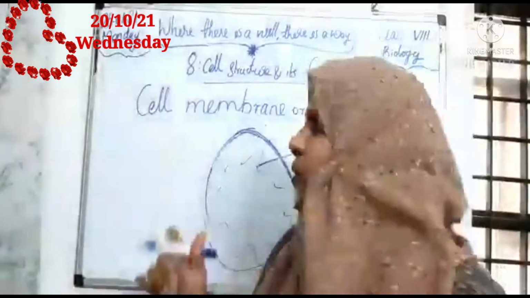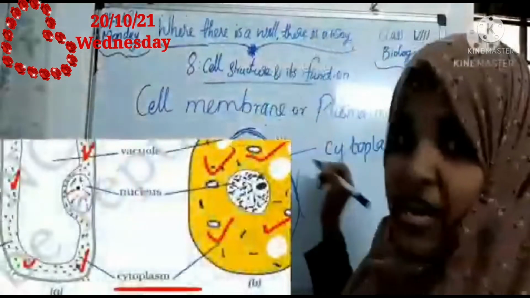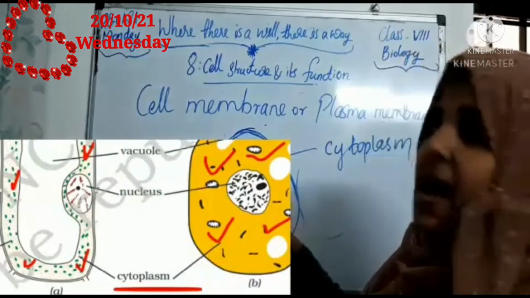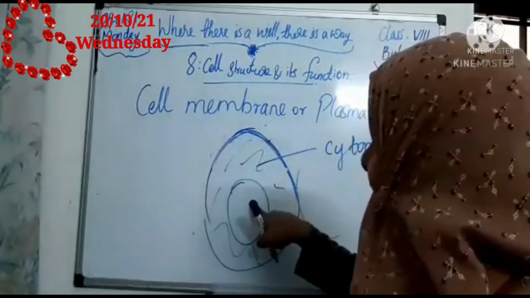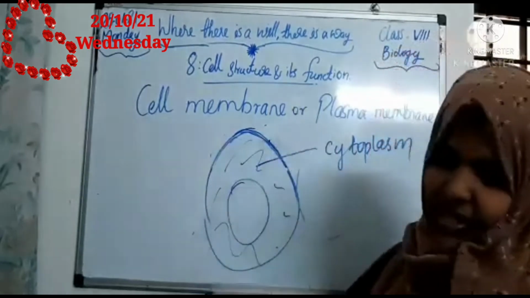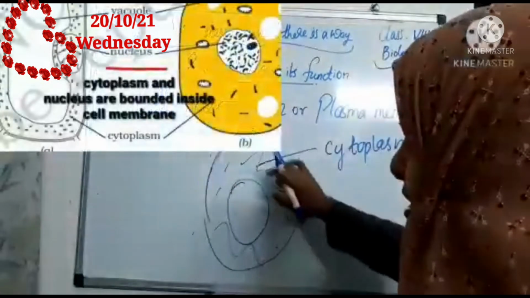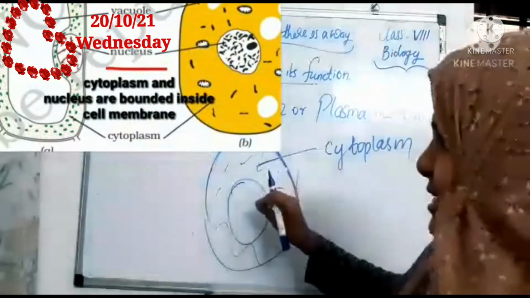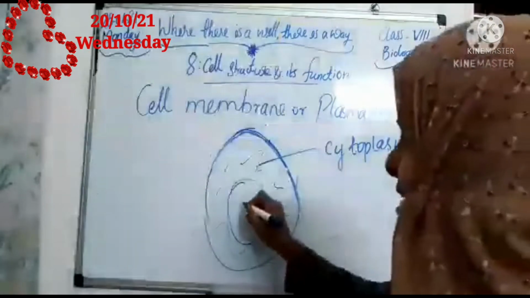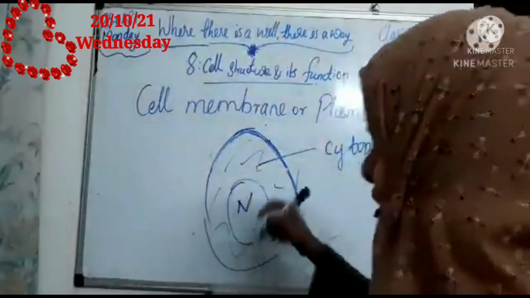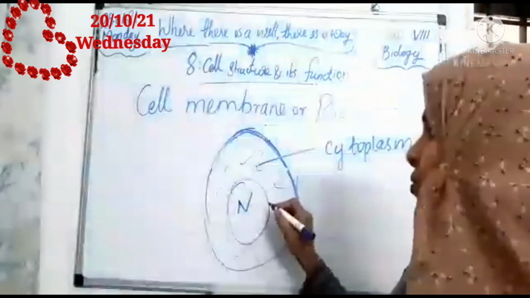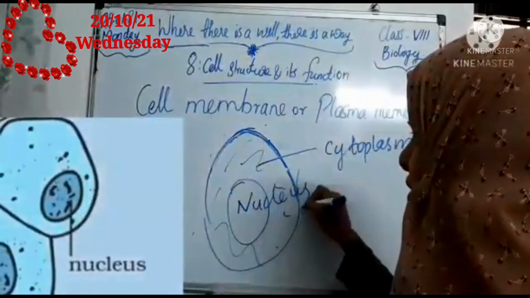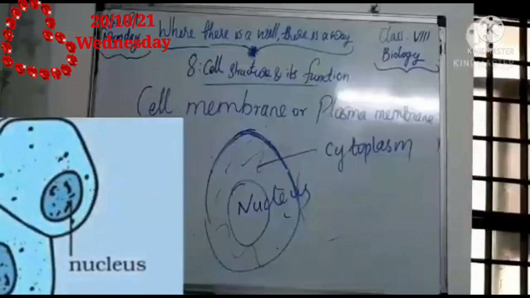So cytoplasm is a jelly-like substance present between the nucleus and the cell membrane. The central spherical part we call the nucleus.